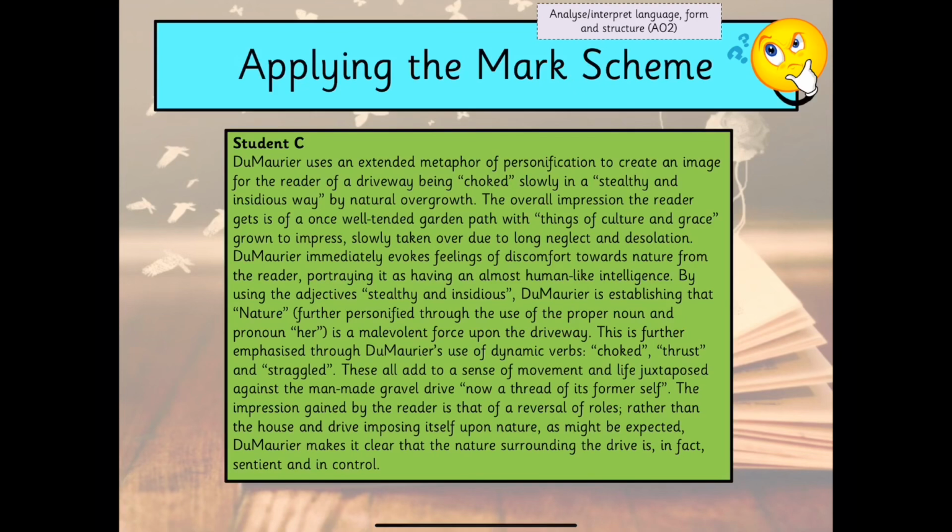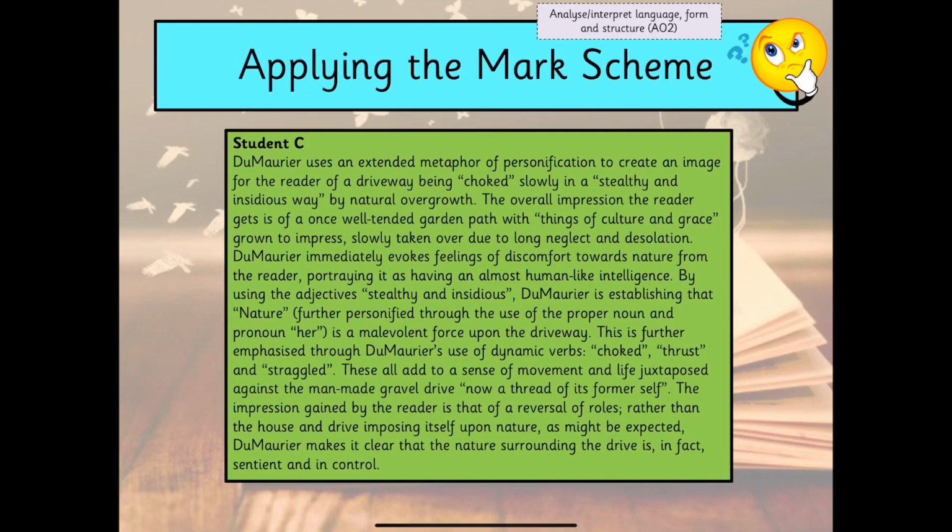Du Maurier immediately evokes feelings of discomfort towards nature from the reader, portraying it as having an almost human-like intelligence. By using the adjectives 'stealthy' and 'insidious', Du Maurier is establishing that nature, further personified through the use of the proper noun and pronoun 'her', is a malevolent force upon the driveway. This is further emphasised through Du Maurier's use of dynamic verbs 'choked', 'thrust' and 'straggled'.